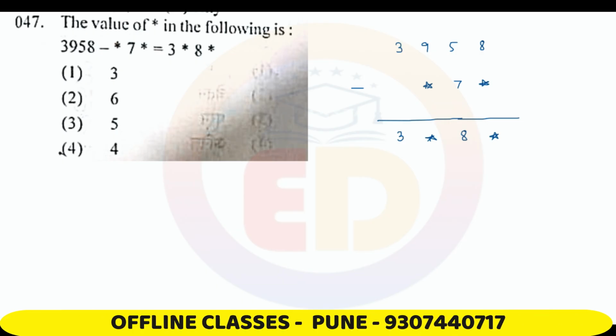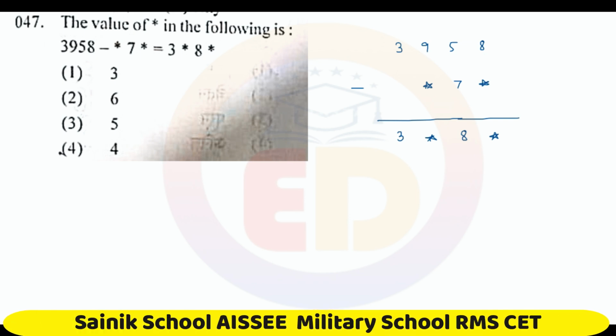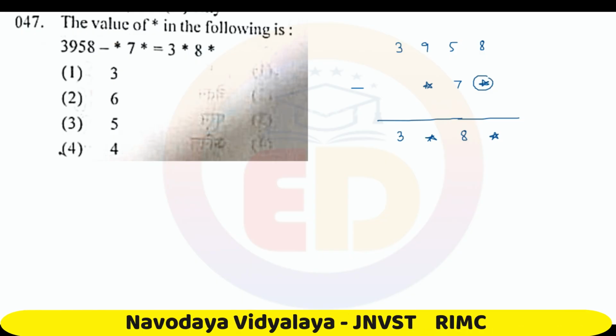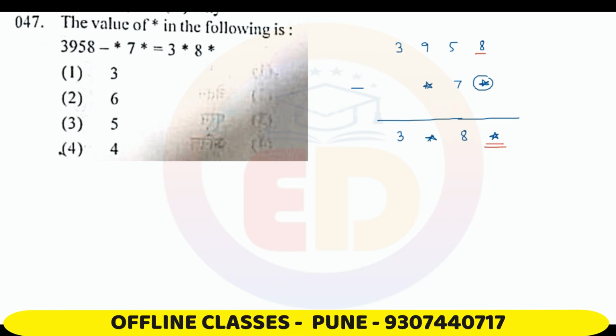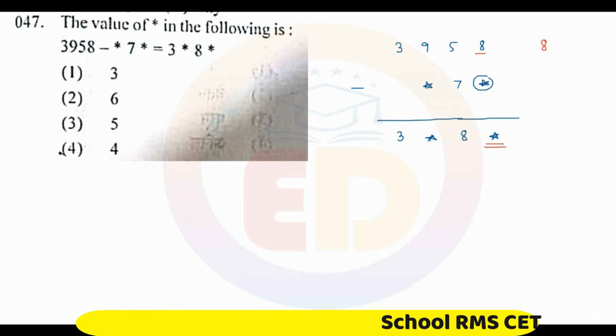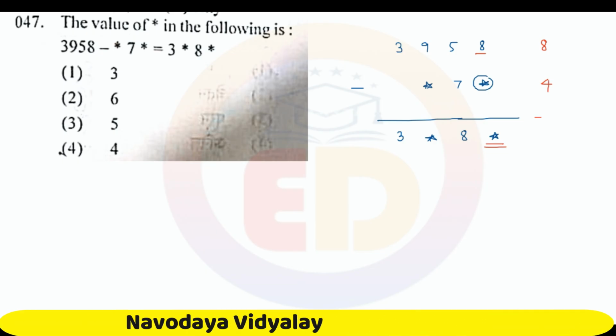While you can do this question by options, another easier way of doing this question is: star is one such number which when subtracted from 8 will give us the same value. Now think over, what value when subtracted from 8 gives the same value? It can be 4 only. 8 minus 4 will give us 4.